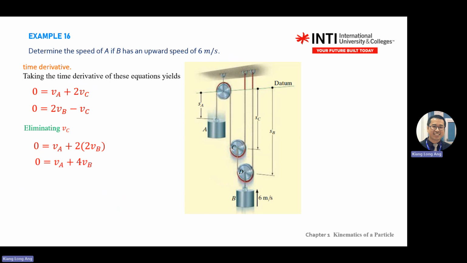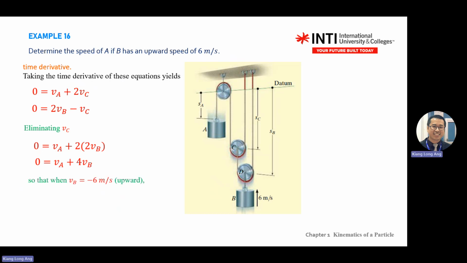You get the relationship between A and B. So what does it mean? A and B have a ratio of 4. It means when B moves, VA will move 4 times faster than VB. You put 1, this one becomes 4, to balance. That's the way you interpret the data.